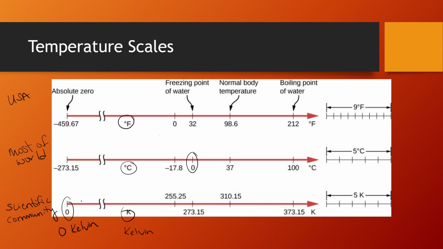Now, at this 0 Kelvin, or absolute zero, we would theoretically have no movement of atoms, molecules, anything. And so that is something that is very hard to do, and why it is still theoretical. This is a theoretical absolute zero because we haven't been able to get down to that point yet.